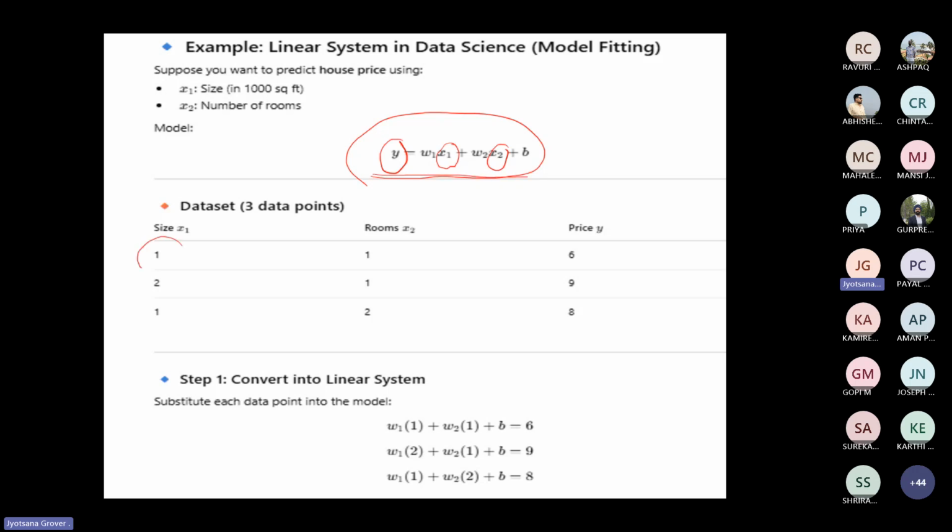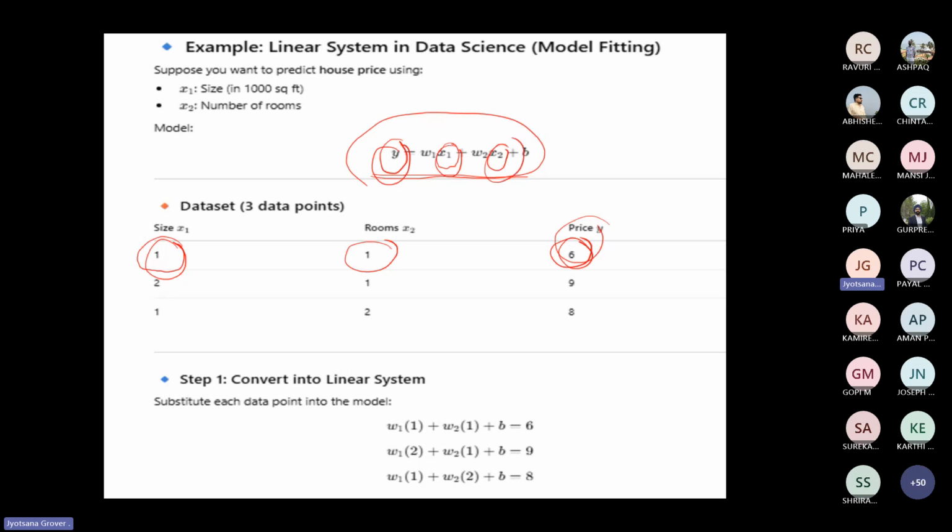Suppose the size of the house is this, number of rooms is this, and the price is this. Now we have to find how x1 and x2 are affecting the price, how the number of rooms and the size of the house affect the price. So we want to learn the relationship between y, the price of the house, and x1 and x2.